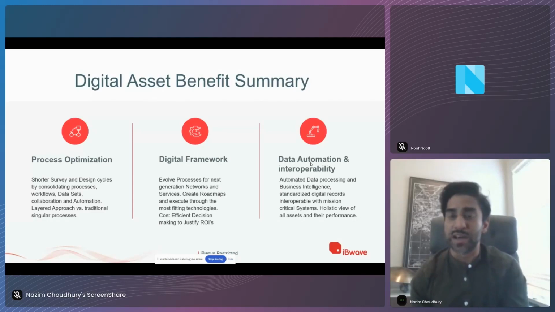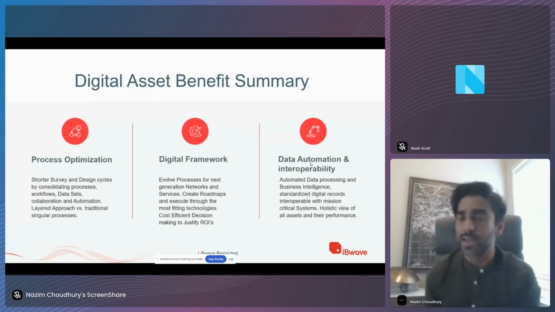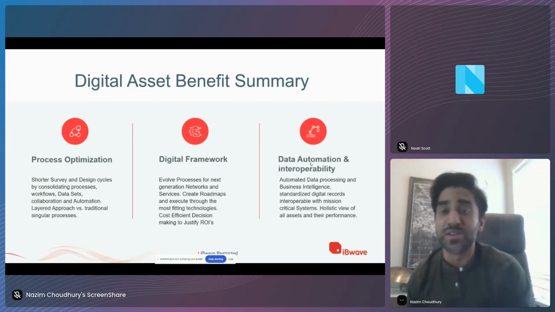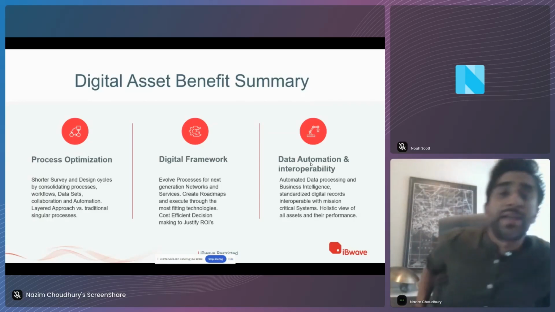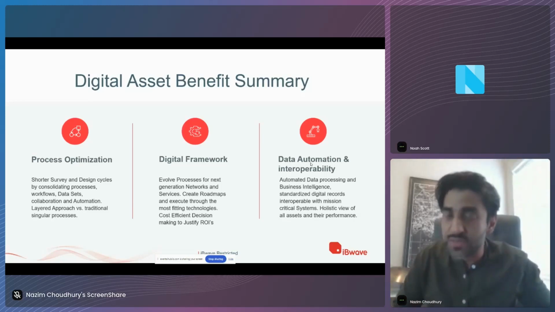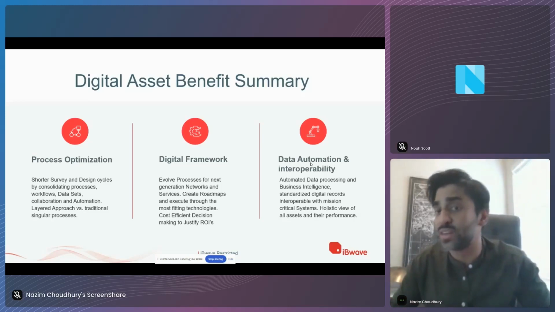So I'm doing one design and one survey for Wi-Fi. Five years later, I'm doing another survey and another design for LTE. A few years later, another design and another survey for 5G. And it's not a holistic approach. At the same time, there are so many truck rolls involved in these surveys, and so many different designs.